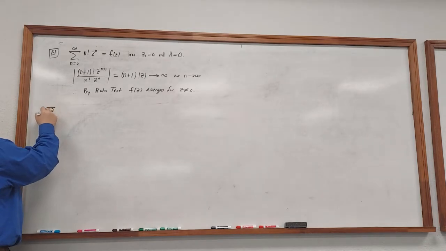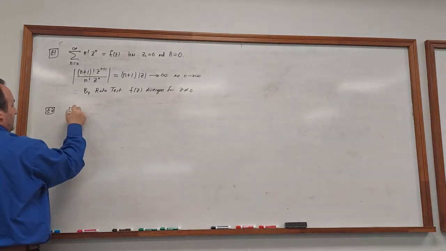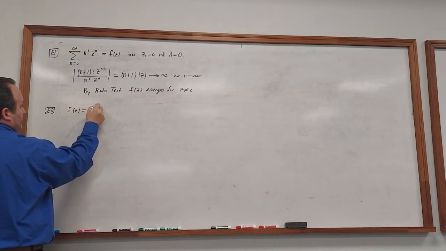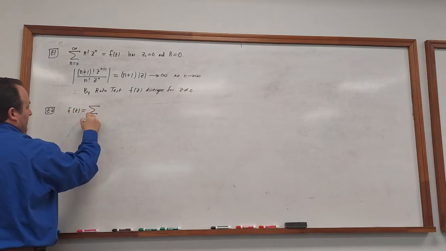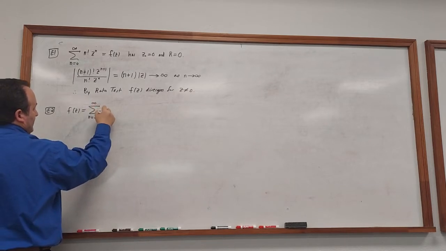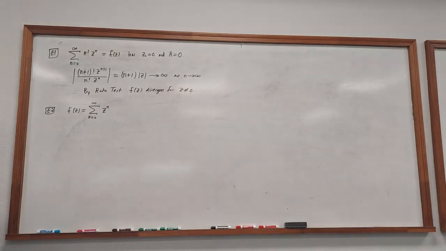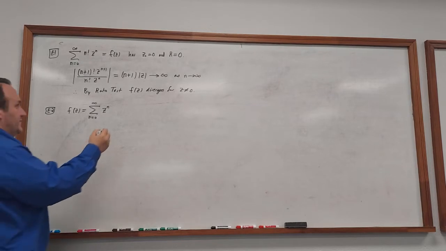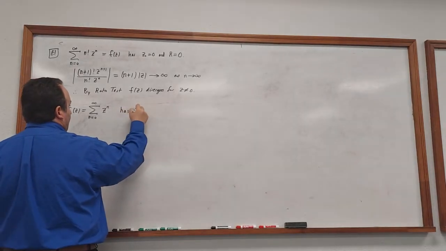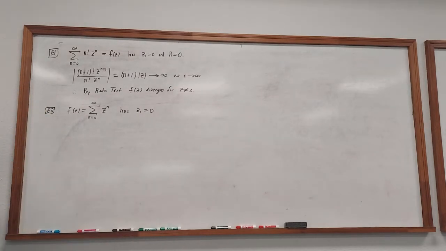Example 2, we can have something like f of z equals the sum from n equals 0 to infinity of, let's say, z to the n. This is a power series. What's its radius of convergence?